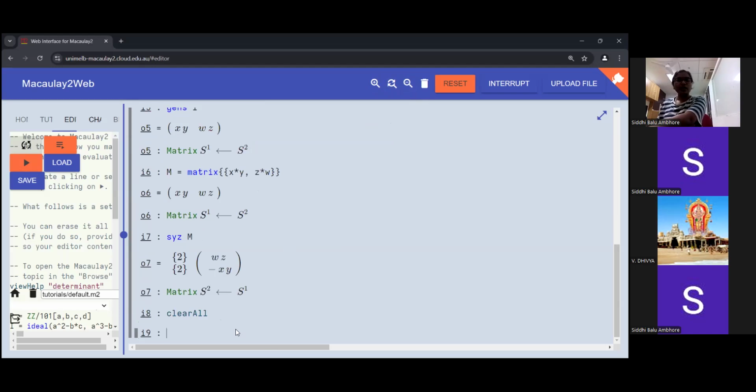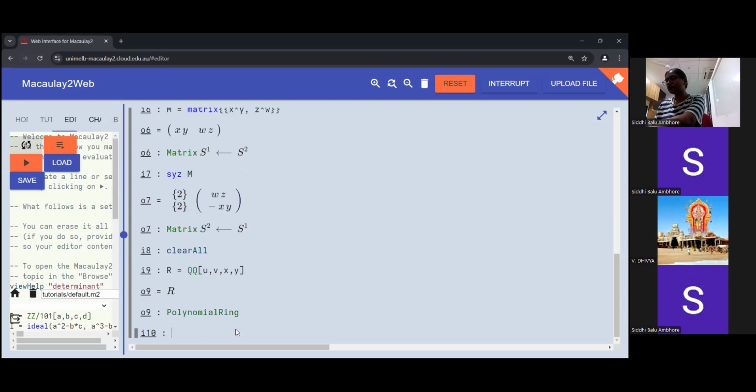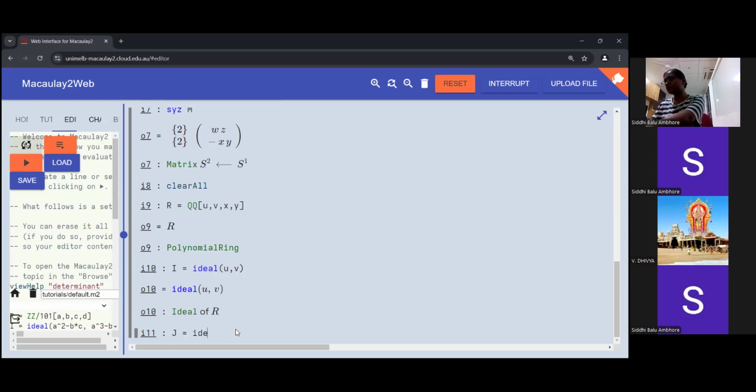So my ring R is QQ[U,V,X,Y], and I is ideal(U,V), and J is ideal(X,Y), right? Yes.